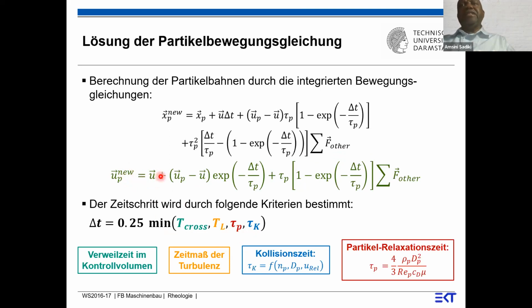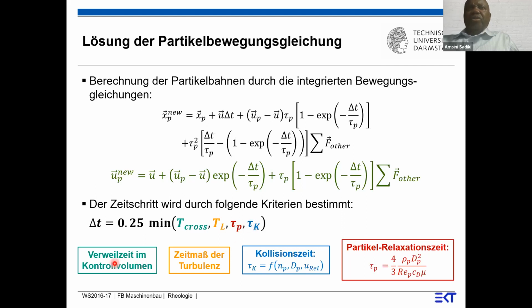It is n+1; this one is the previous time step n multiplied by this, and here is our A. So the time step must fulfill the following criterion. The time step must be 0.25 smaller than these four time scales: the time to cross the control volume, the integral length scale time, the particle relaxation time, and here we have the collision time.